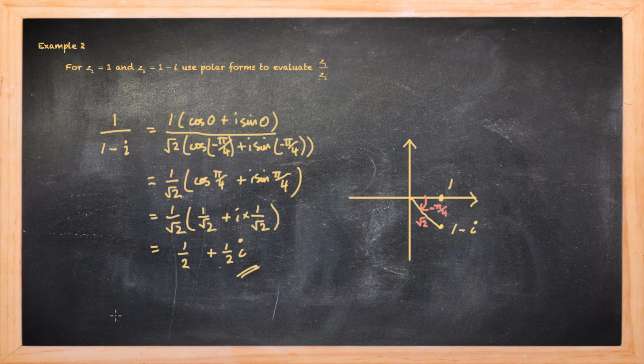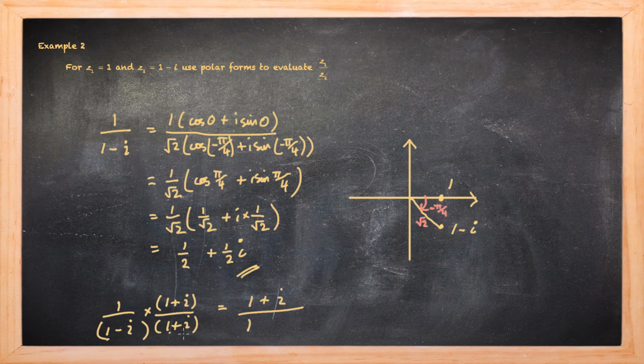Now, incidentally, there is another, probably more convenient way of working this out, where we multiply top and bottom by the complex conjugate of the denominator, which in this case would be 1 plus i. And so on the top of this fraction we get 1 plus i. The firsts would give us 1.